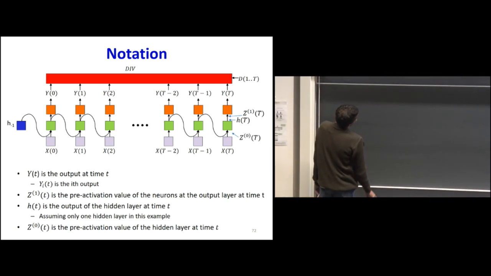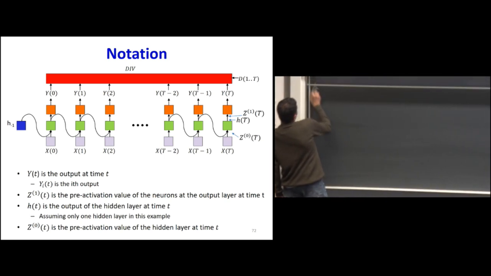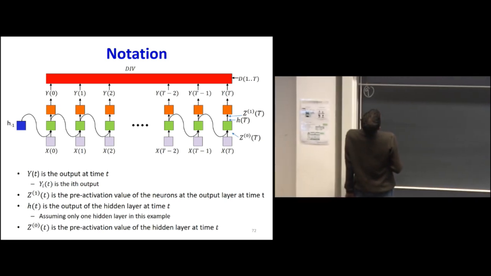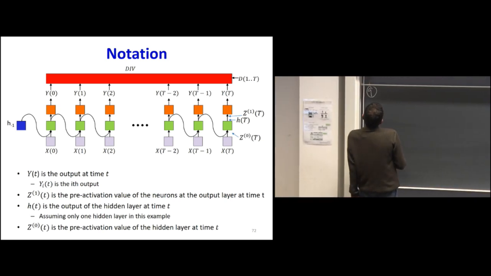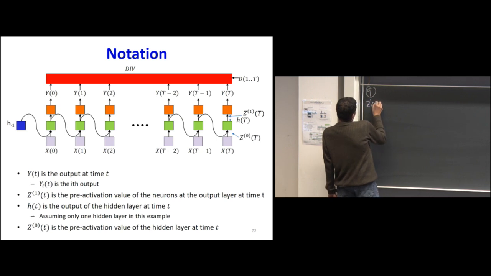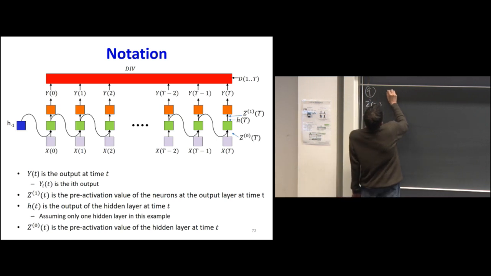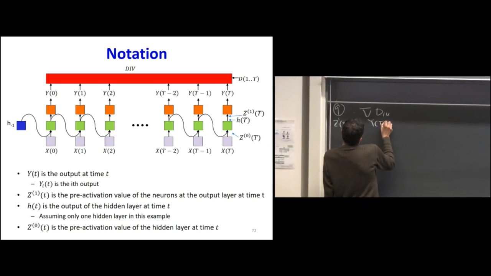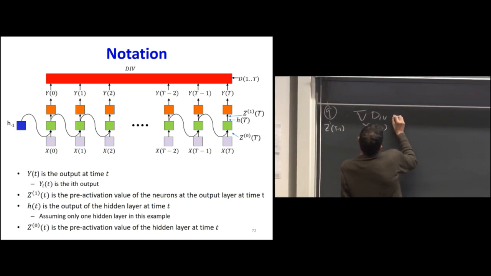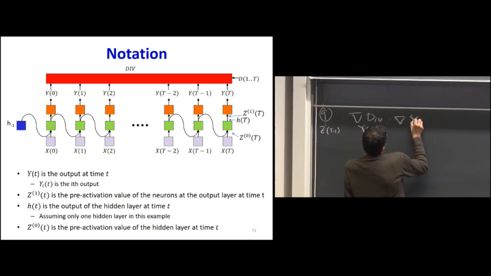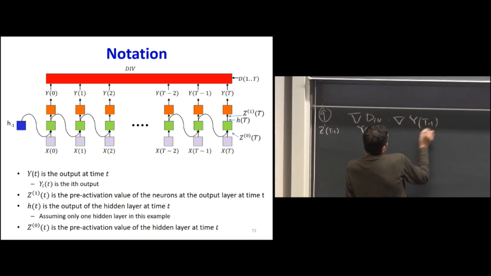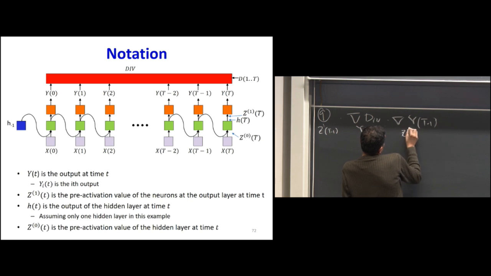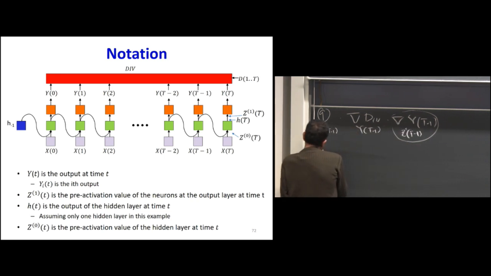So that's the same as, okay, this is z1 of t minus 1 is going to be derivative of divergence with respect to y of t minus 1 times the derivative of y of t minus 1 with respect to z1 of t minus 1. This is going to be a Jacobian, correct? Just to remind you. Okay.